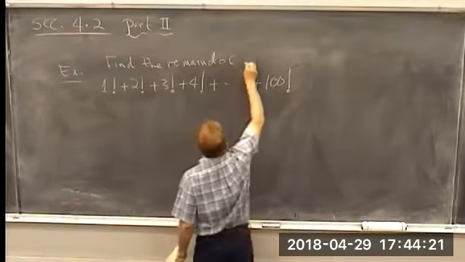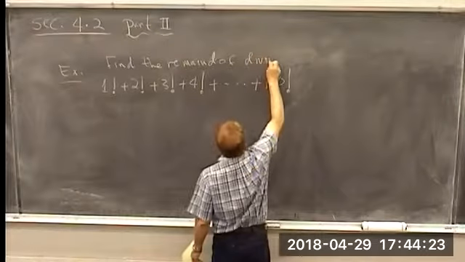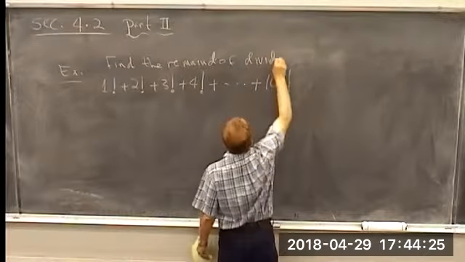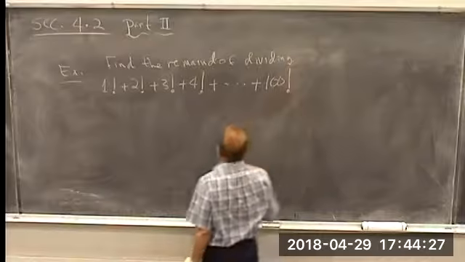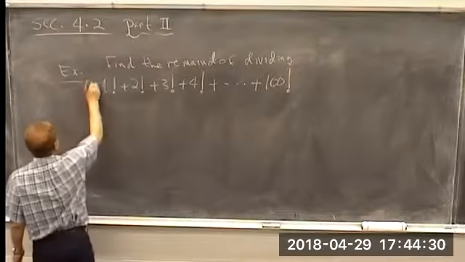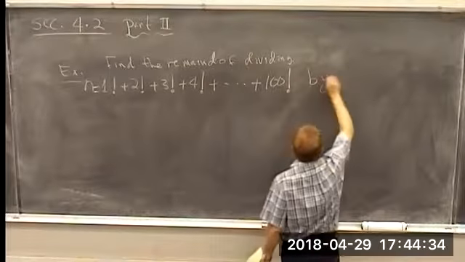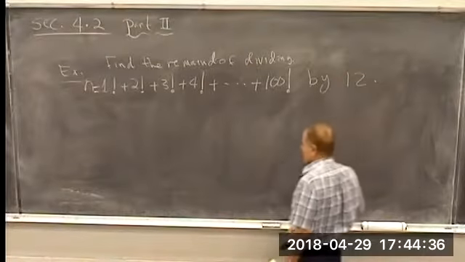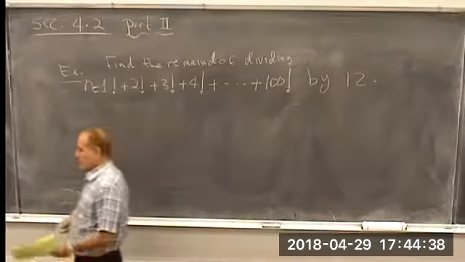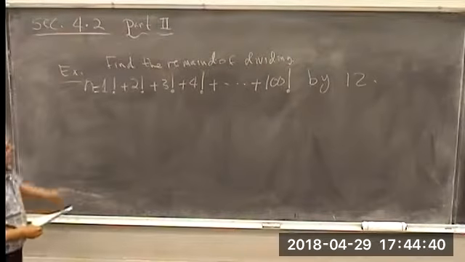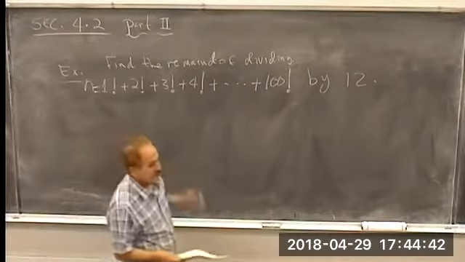Of dividing this number n by 12, which basically means we need to find the congruence mod 12.